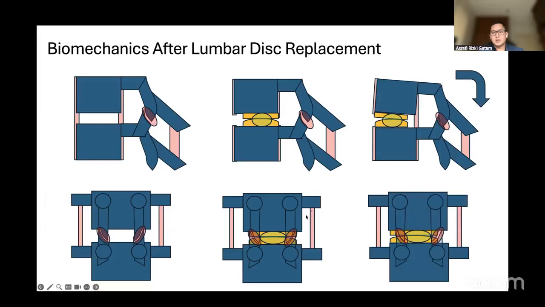But this is what happens if we put the implants not at the back. Let's say we put the implants a little bit more toward the anterior part of the disc space, and we didn't cut the posterior longitudinal ligament. It will increase the tension around the back of the spine itself.